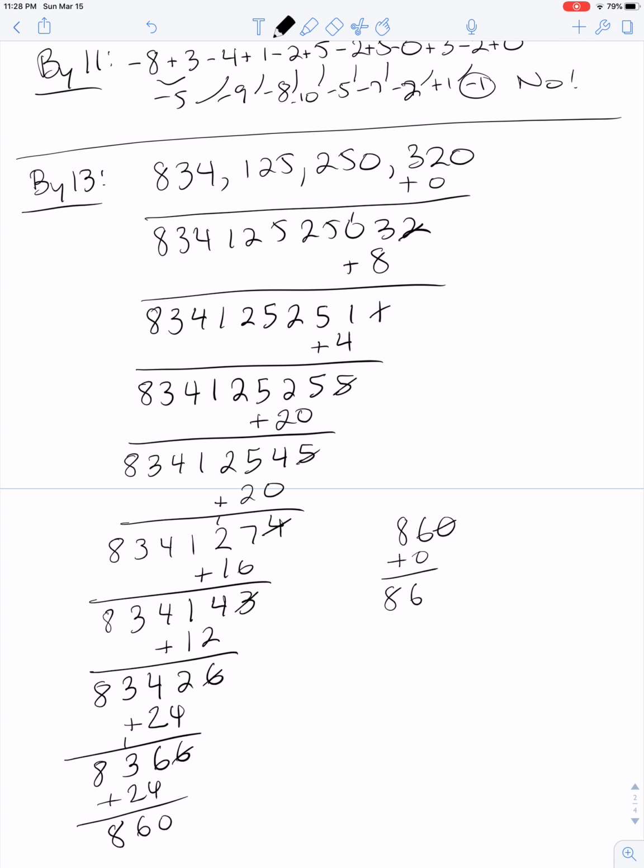So 86, so in this case, does 86 go into 13? Let's check. So 86 does not divide into 13 evenly, so again we get a no for that one.